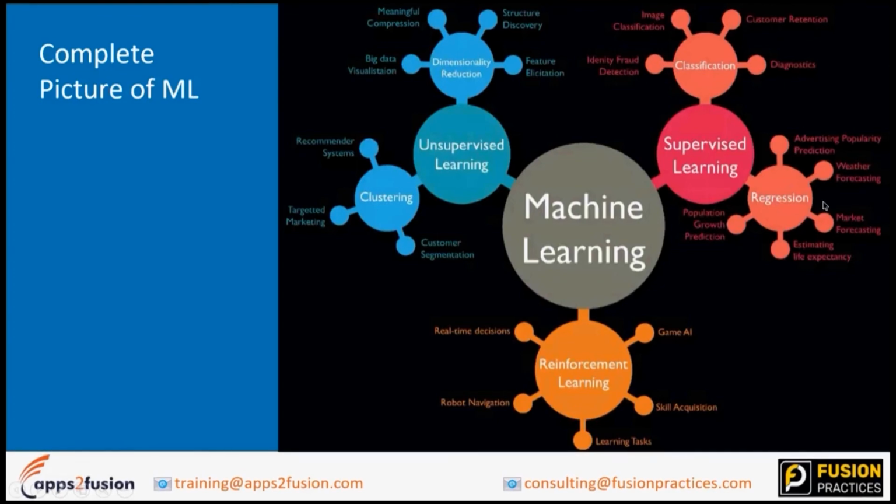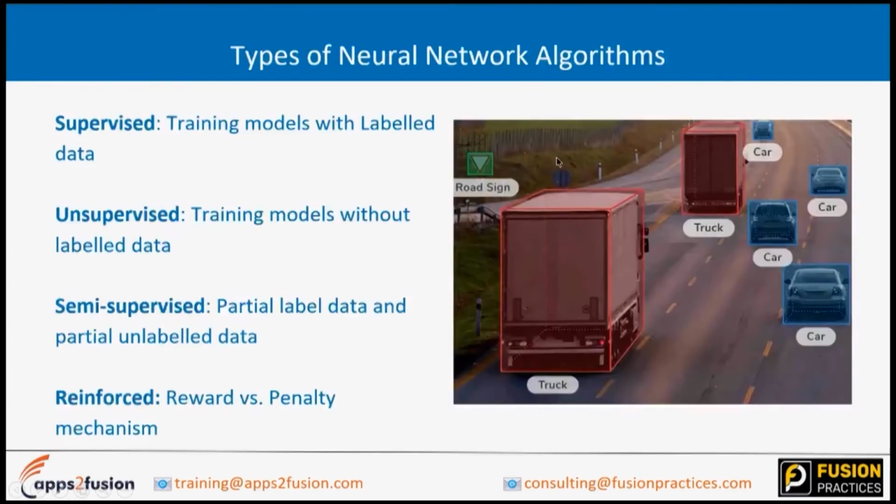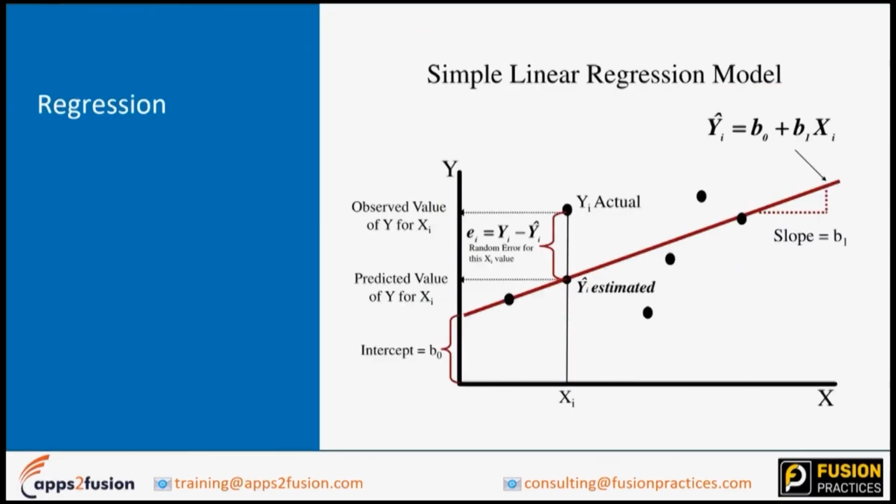There are different types of problems which use regression modeling and different types which use classifiers. Depending on the use case, you are going to use that particular method. In this case, there is a regression model, which is basically nothing but a fit to your data points.